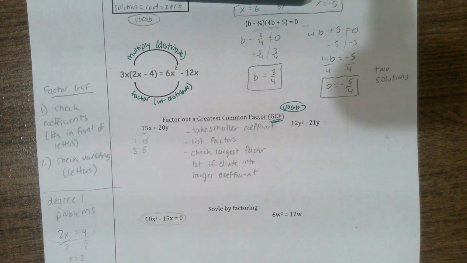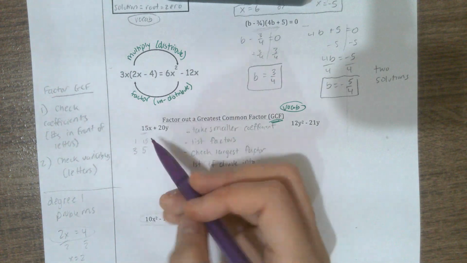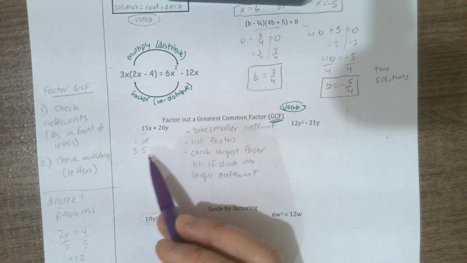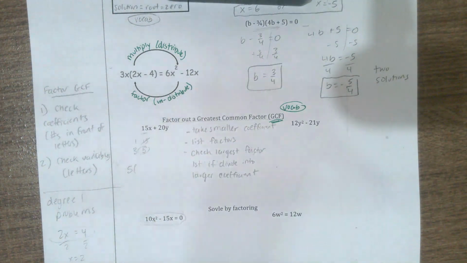So is 20 divisible by 15? No. Okay. So 20 is not divisible by 15. Is 20 divisible by 5? Yes. So we're going to take 5, and we're going to do the opposite of multiplying. We're going to divide.